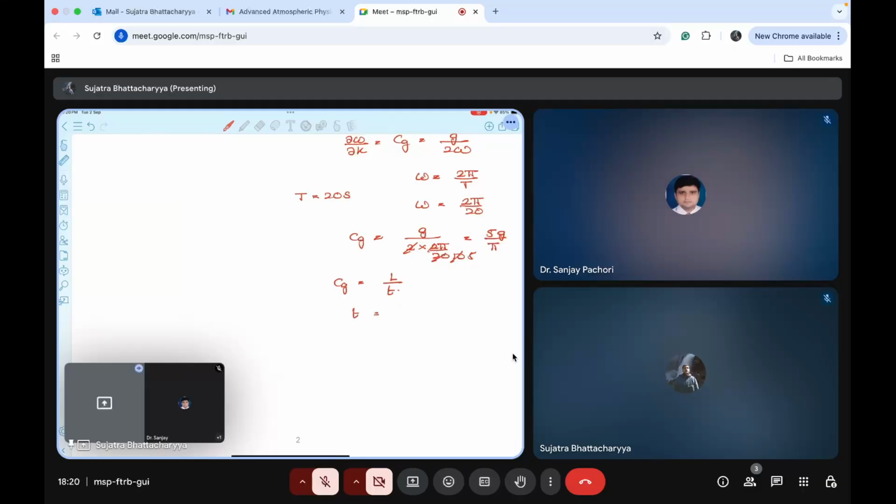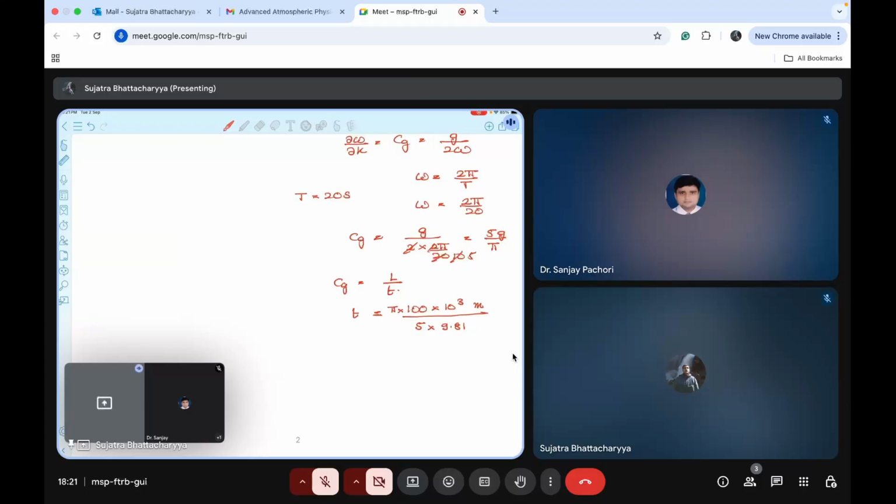So t is how much time the wave energy, or the group of waves, requires to travel towards the coast. That's what we are trying to see. So this is 100 into 1000, definitely, because in meters it will come, and this will be 5 into 9.81, or you can take 10 also, that's fine, into 5.